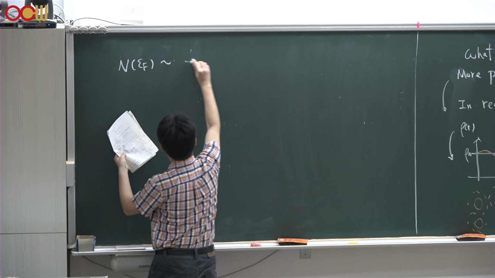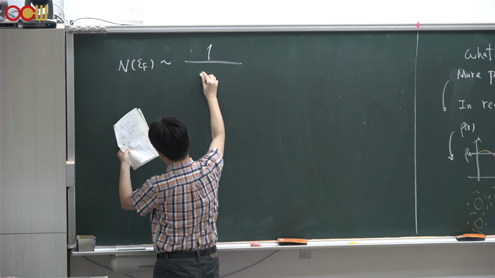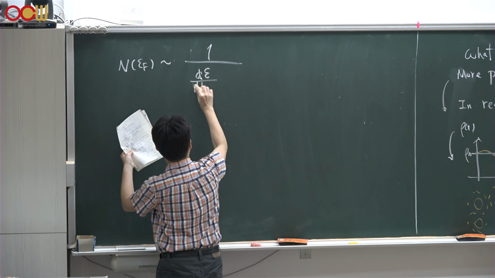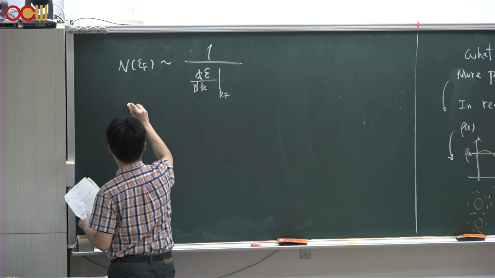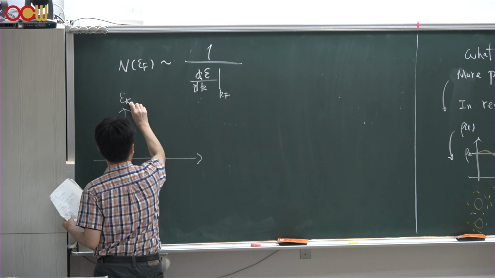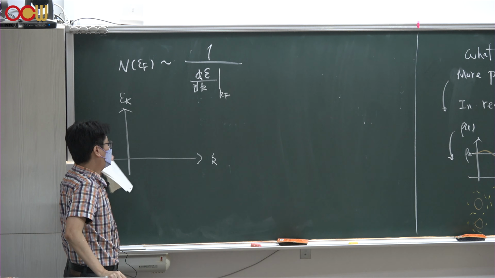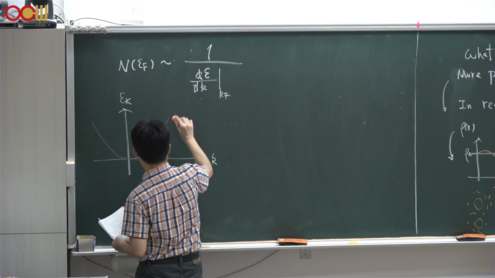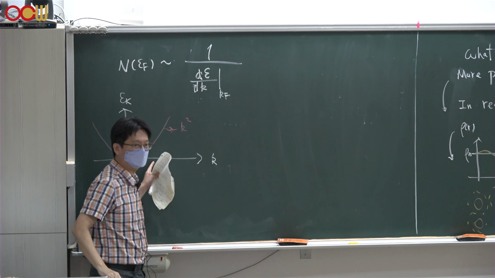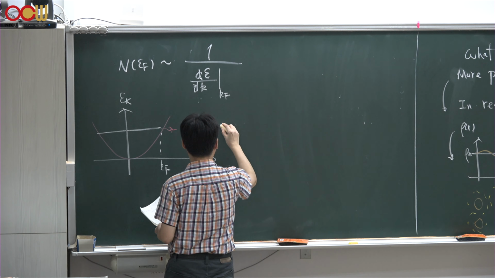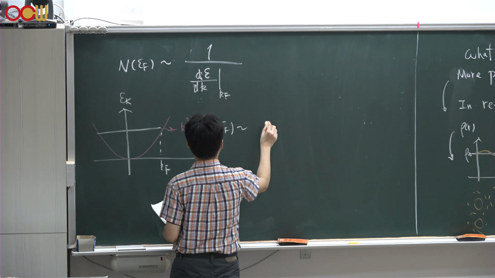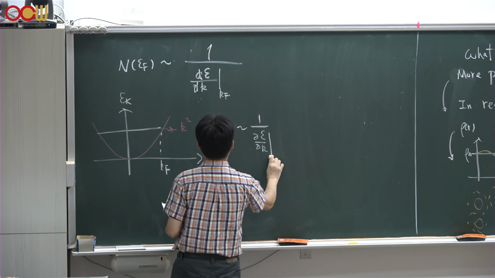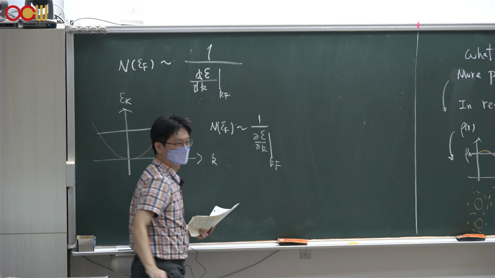Remember, in solid state 1, you are familiar with the density of states, which is inversely proportional to the slope of your dispersion, right? So, for example, this is the electron dispersion, this free electron gas, where you have this quadratic band, right? And so the density of states near this Fermi surface is actually inversely proportional to the slope of this dispersion at kF, right?